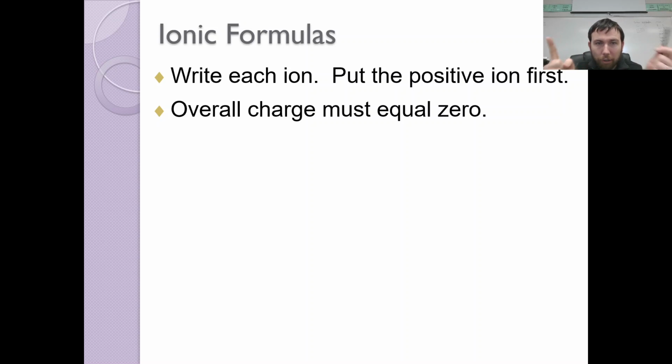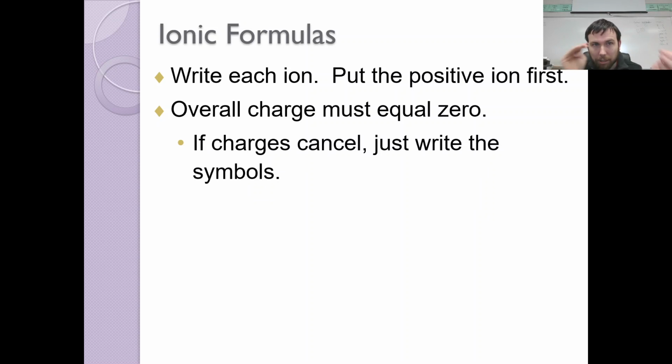So the sum of the charges of your two ions needs to be zero. There are a couple of ways we can achieve that. The first way is if your two charges simply cancel each other out, like one is positive 1 and the other is negative 1. Plus 1 and negative 1 equals 0. You just write the symbols and move on.